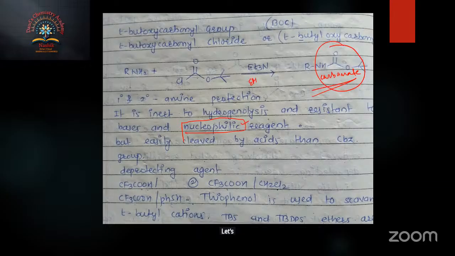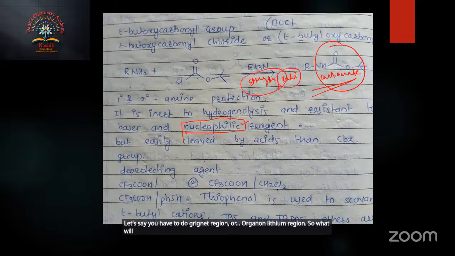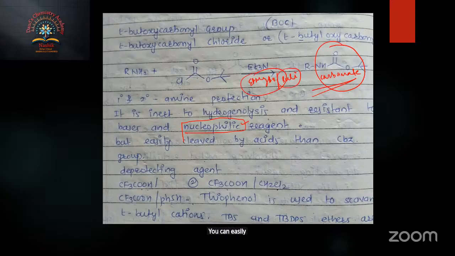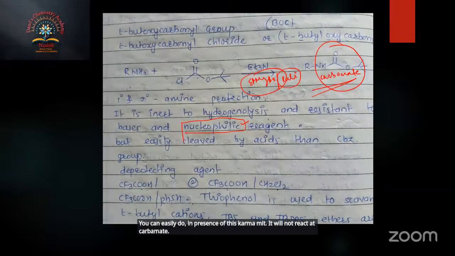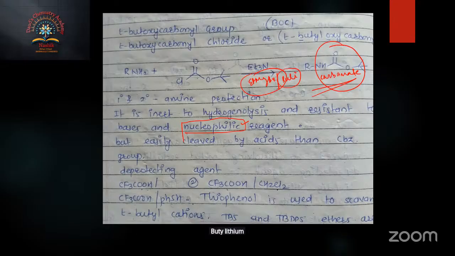Let's say you have to do a Grignard reagent or organolithium reagent. You can easily do it in presence of this carbamate. It will not react at the carbamate. Grignard reagent and butyl lithium will not easily break this carbamate.